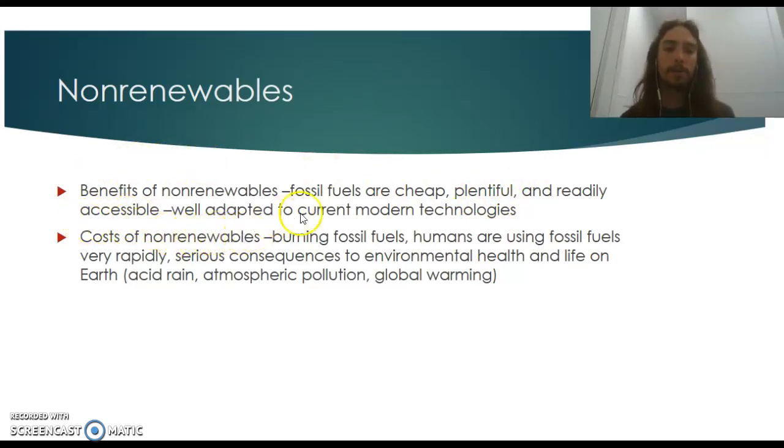Some costs of non-renewables, I think, outweigh the benefits, but that's me personally. Burning of fossil fuels is a cost, so that contributes to global warming, pollution, all that stuff. Humans are using fossil fuels very, very rapidly. For the past 100 years, we've been sucking out more fossil fuels than is able to be put back in. There are serious consequences to the environmental health and life on Earth.